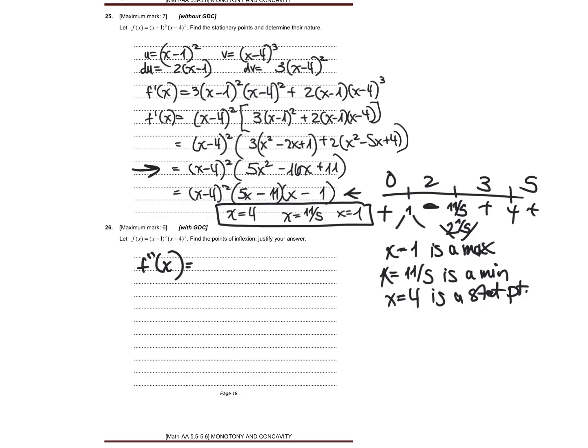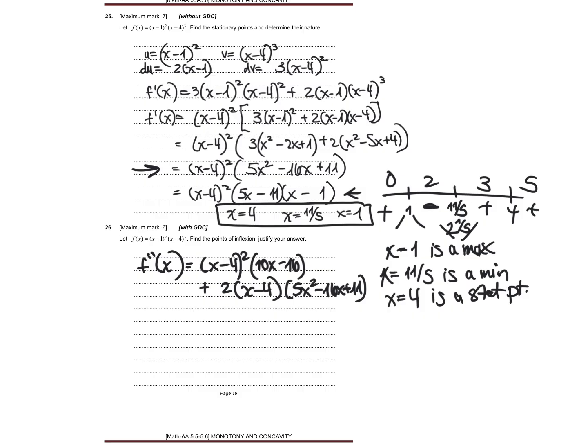So we're going to have first times the derivative of the second, which is 10x minus 16, plus the derivative of the first, which is this, times the second. And then we have to set that equal to 0. It says with graphing calculator.